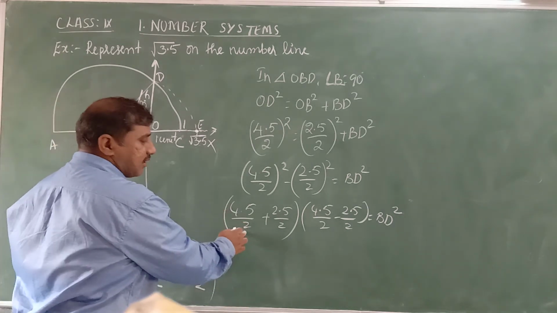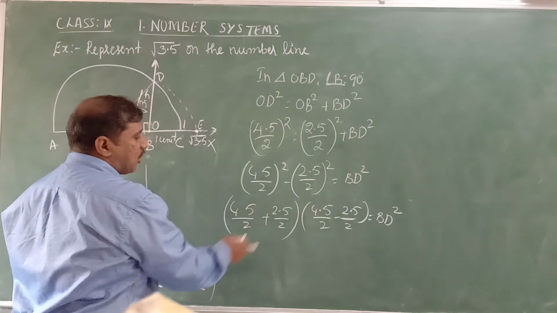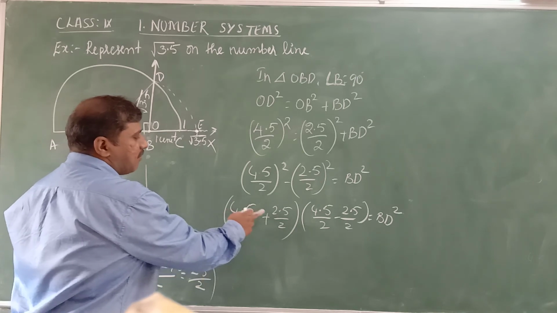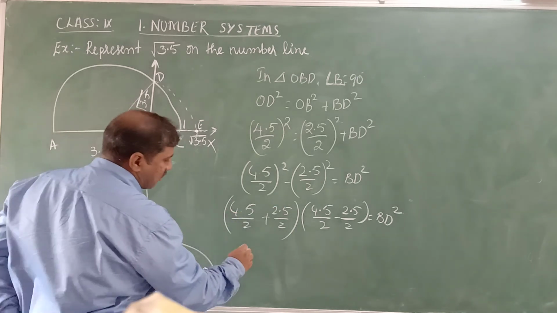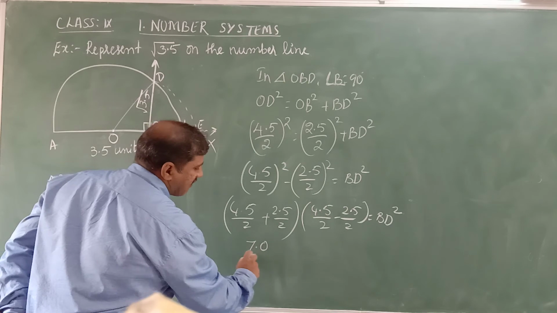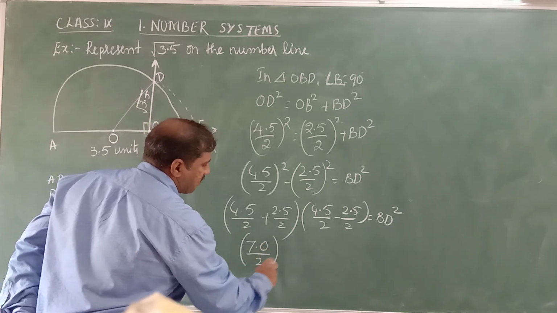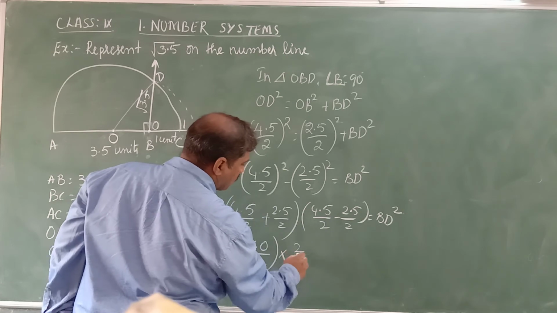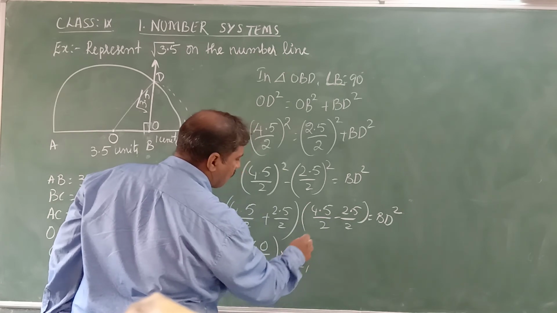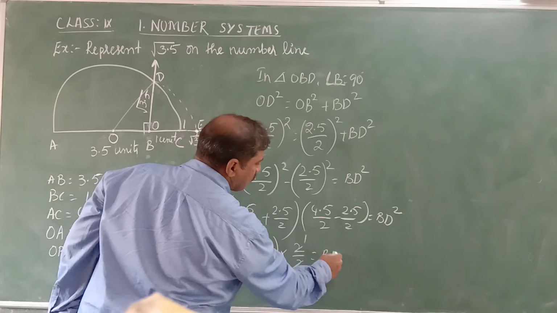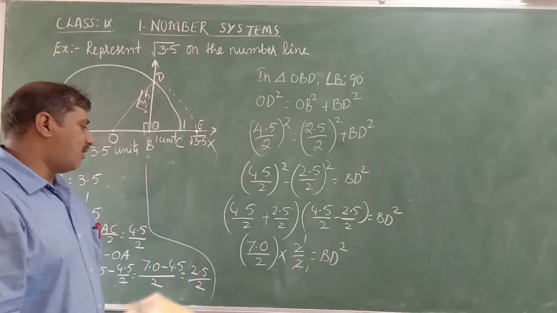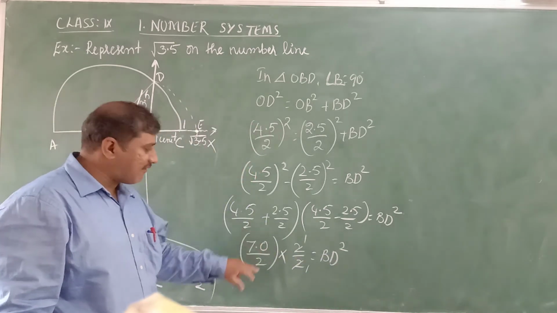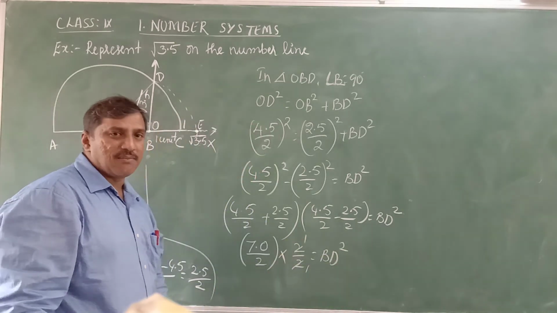Now the denominators are the same, so add the numerators. 4.5 plus 2.5 is 7.0, multiplied with 4.5 minus 2.5 is 2 by 2, that is equal to 1, which is equal to BD square. Now 7.0 means 7 by 2 multiplied by 1.